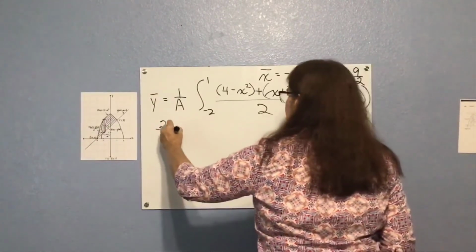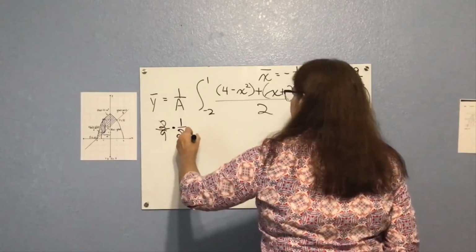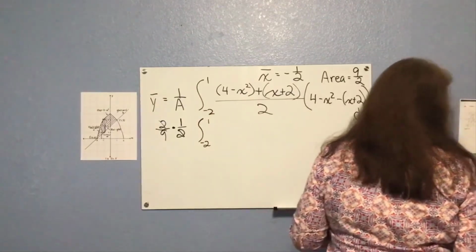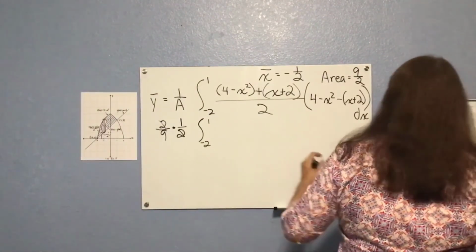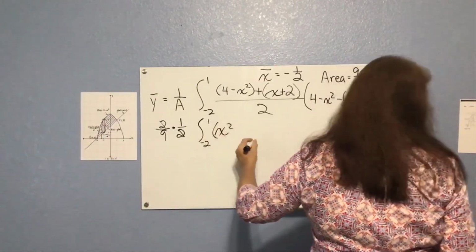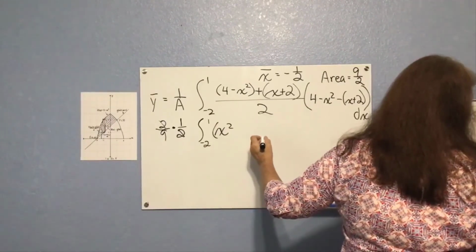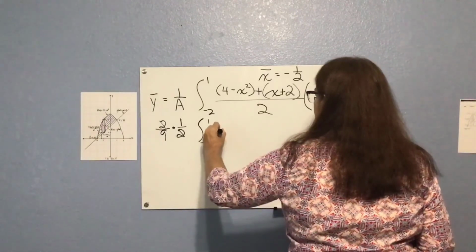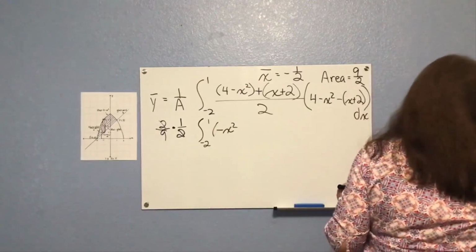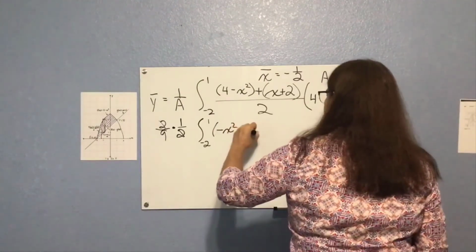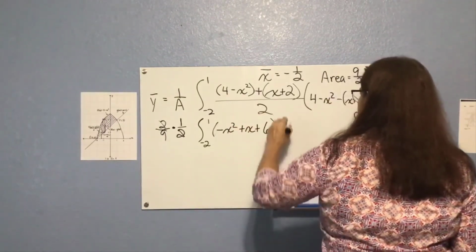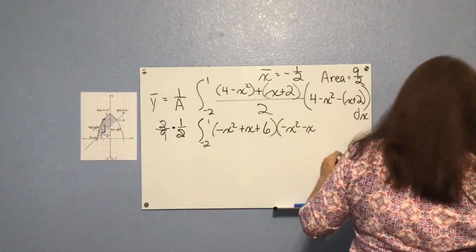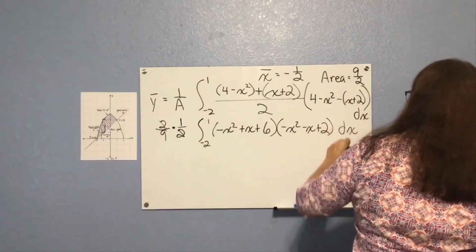I'm also going to take the 2 out here, so those cancel, and I'm going to have 1/9 there as the integral from negative 2 to 1 of negative x squared plus x plus 6 times negative x squared minus x plus 2 dx.